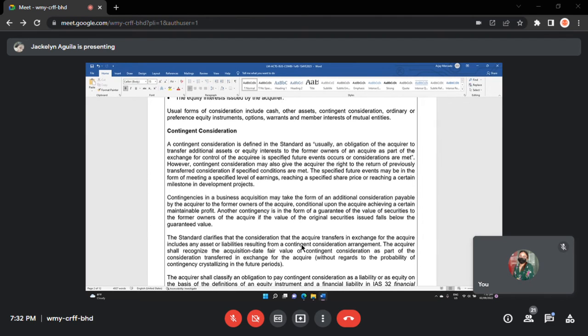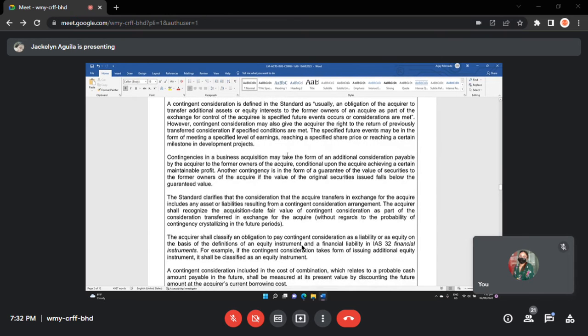However, contingent consideration may also give the acquirer the right to a return of previously transferred consideration if specified conditions are met. The specified future events may be in the form of meeting a specified level of earnings, reaching a specified share price, or reaching a certain milestone in a development project.